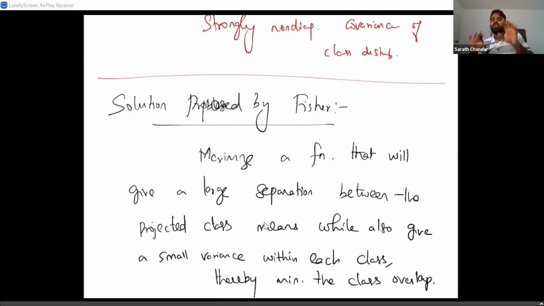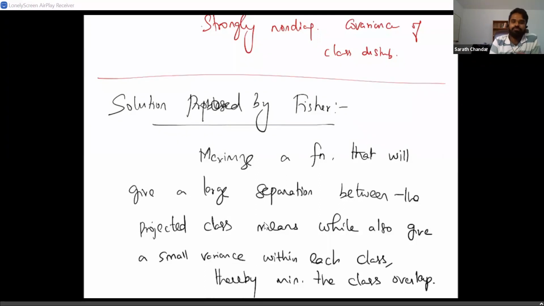At the same time, also try to reduce the variance within the class. We want to classify all the examples of one class to be the same class, right? So it's okay if you shrink the variance of the specific class. Now that is his formulation, his idea.